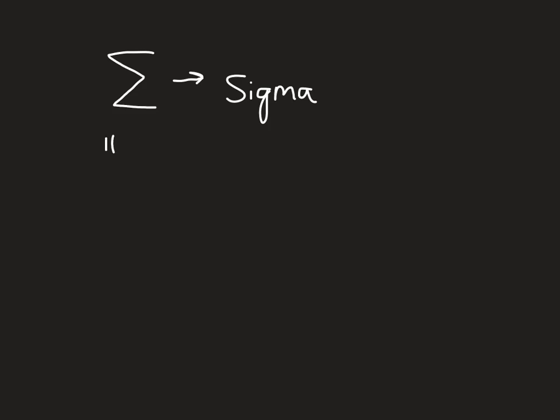And the concept that it represents is summation. So when we build formulas, we know what this concept is asking us to do. It's asking us to add something. Remember that the root word of summation is sum, and a sum is to add, or the result of an addition problem. So how does this work?